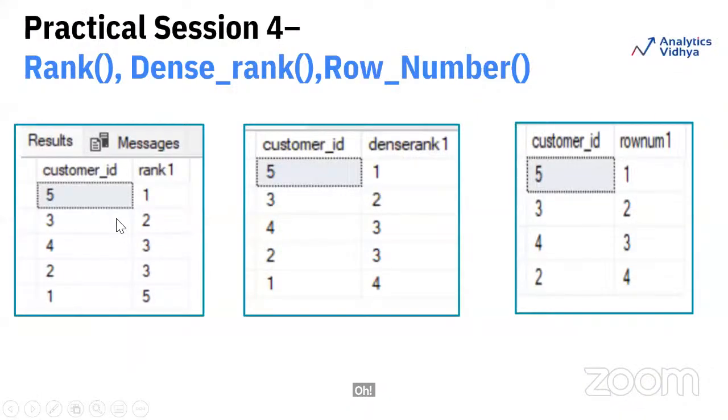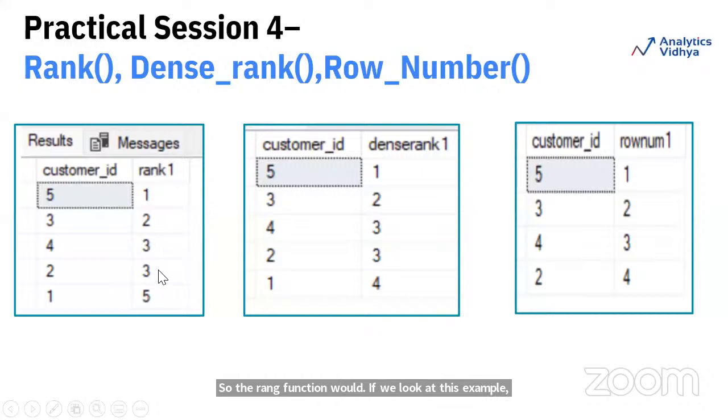Okay. So the rank function, if we look at this example, let's say we have rank 1, rank 2, and rank 3. So 2 of the customers have the same rank. So basically, let's say they have made the same number of orders. So that's why they have the same rank.